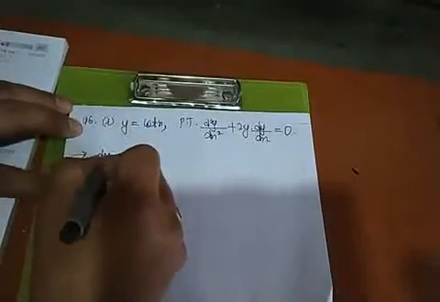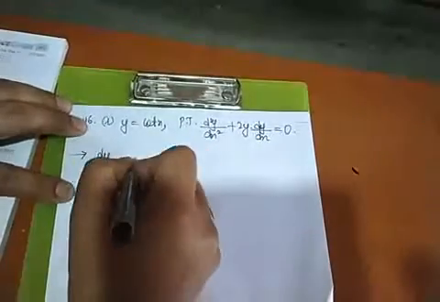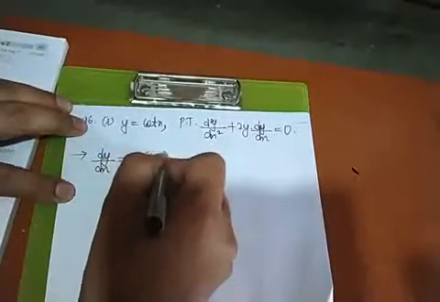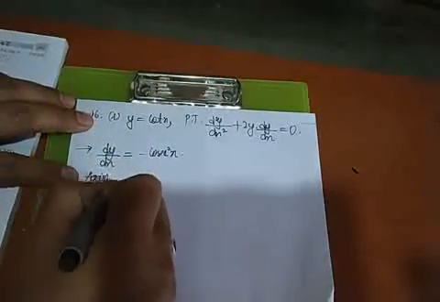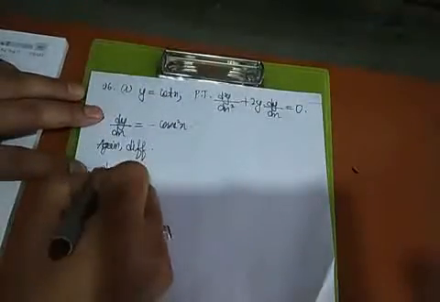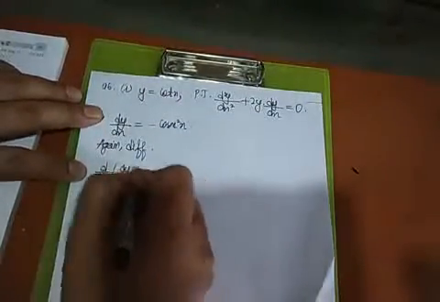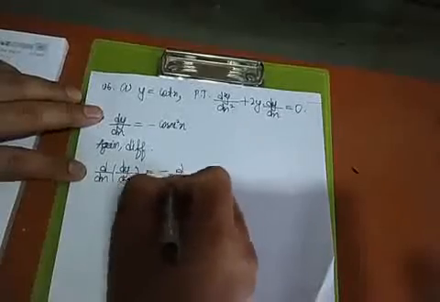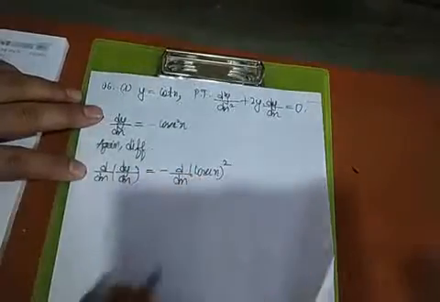So dy by dx, that is d/dx of cot x, is minus cosec square x. Again differentiating, we get d/dx of dy by dx, which is minus d/dx of cosec x whole square.